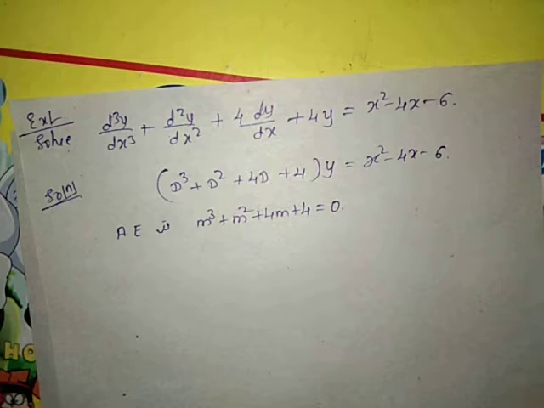One is as usual finding the root by inspection, and another is going with the factorization method. Both methods can be applied, but factorization becomes very easy to simplify the roots here, because we can apply the factorization method for this equation. So that's why I am going to apply the method of factorization here.